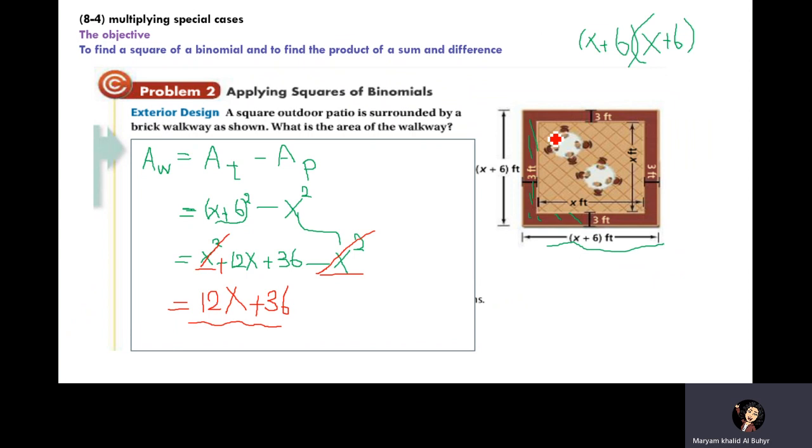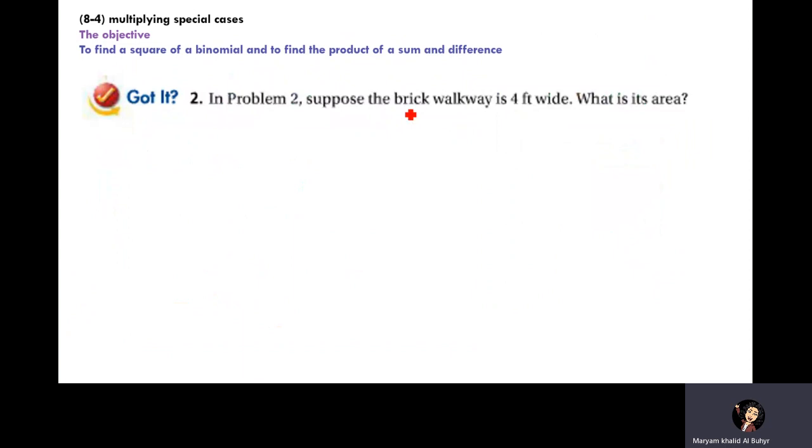Let's check our understanding. Suppose the brick walkway is 4. So here they changed only a little thing, which is 4. So what should we do if the walkway is 4?